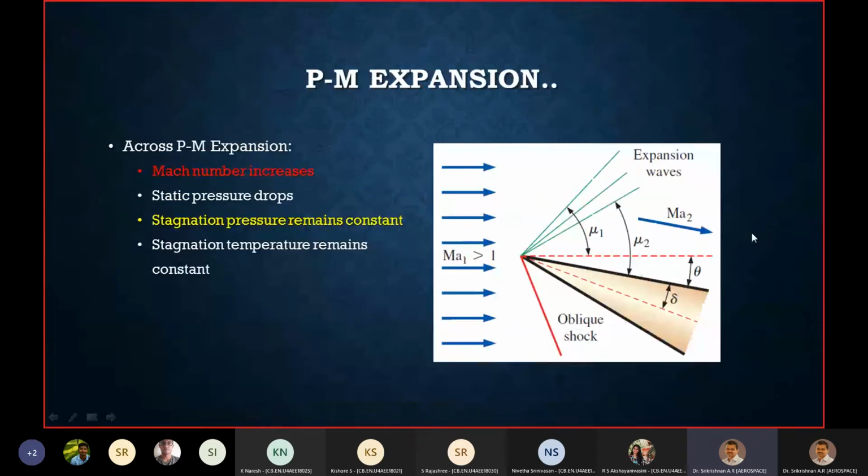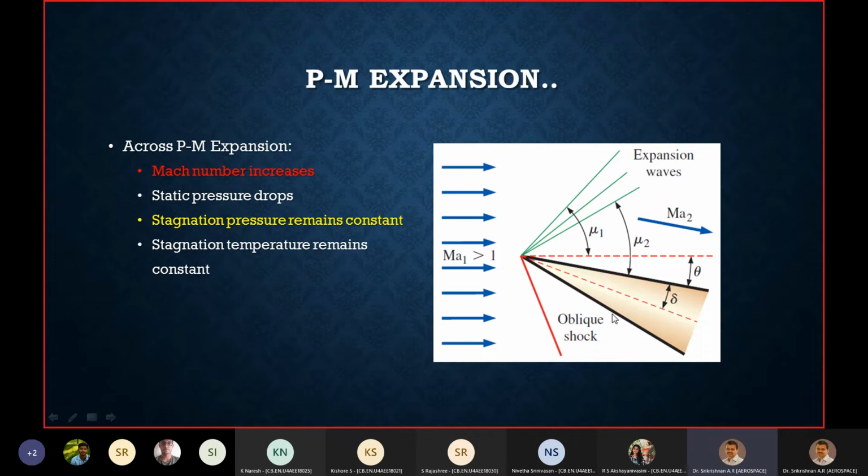So this is what we call Prandtl-Meyer expansion, and we know that it's an acceleration process. Across it, the Mach number increases, and because it's an expansion, static pressure drops. Stagnation pressure we assume to be constant because it's an isentropic process, and stagnation temperature also remains constant because it's an adiabatic process.